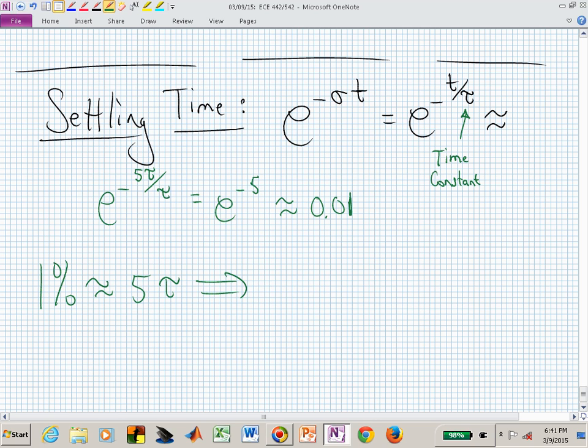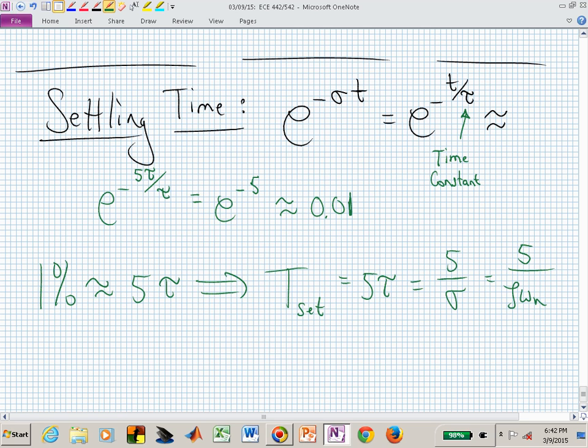So if we say we want a 1% settling time, we're approximating that by 5 time constants, then we have t settle is 5 tau, but tau is reciprocally related to sigma, which is the distance into the left half plane. This is now 5 over sigma, or that's now 5 over zeta omega sub n.